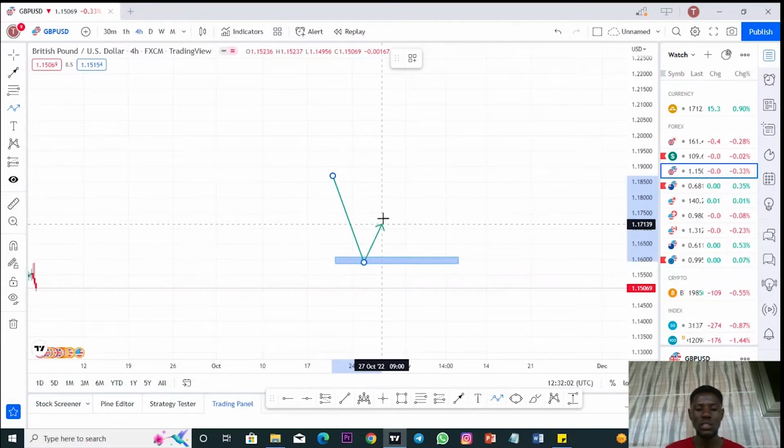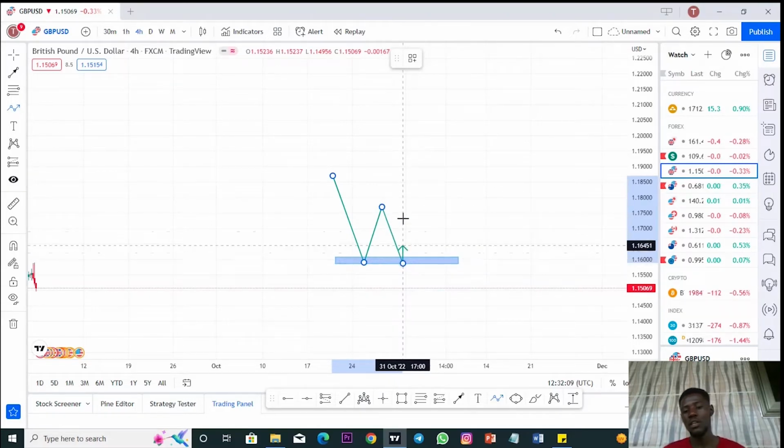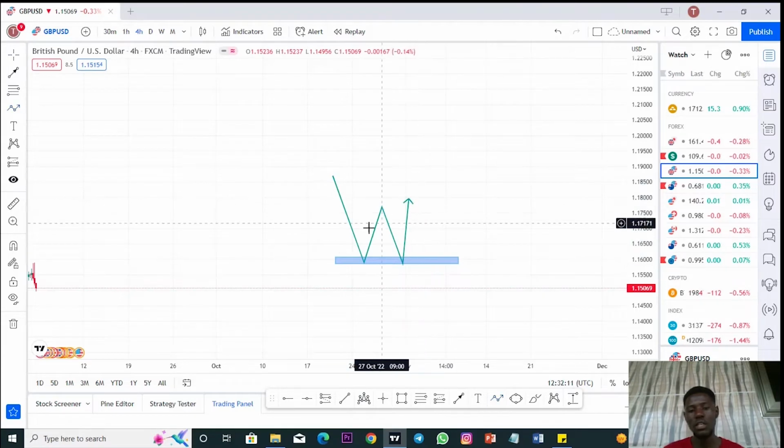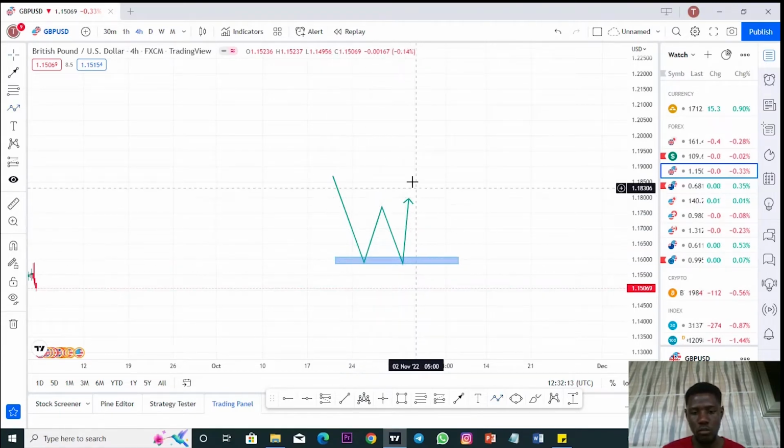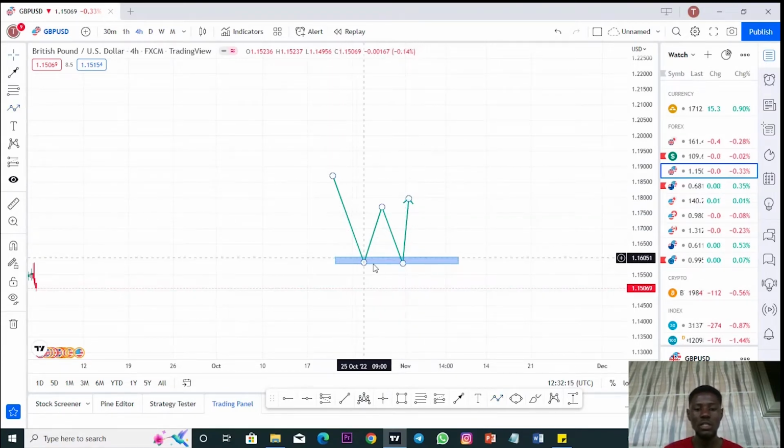It will resist for the first time, push to the upside, come back for the second time, then resist again. You can see this is creating some sort of W pattern, so we call it double bottom or the W pattern.